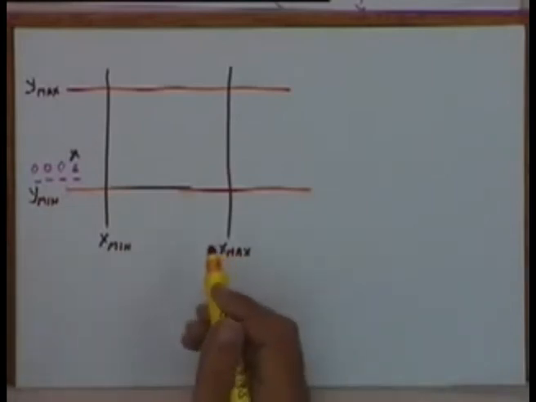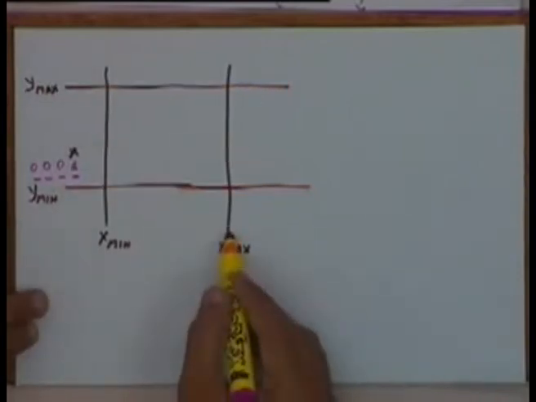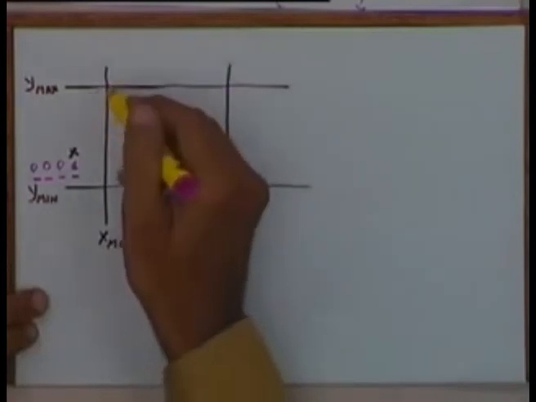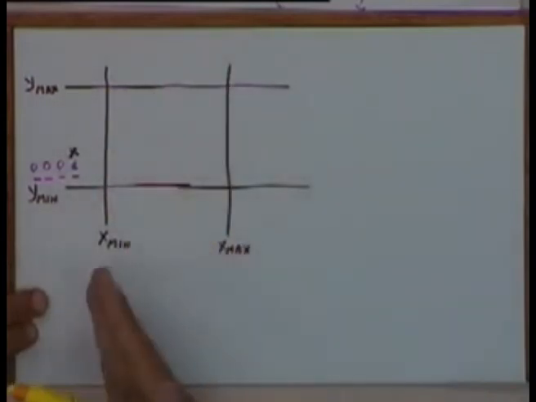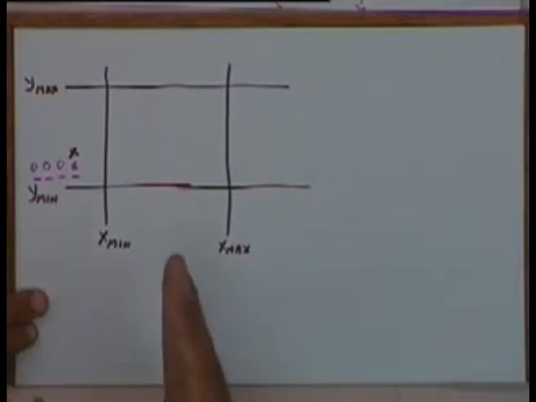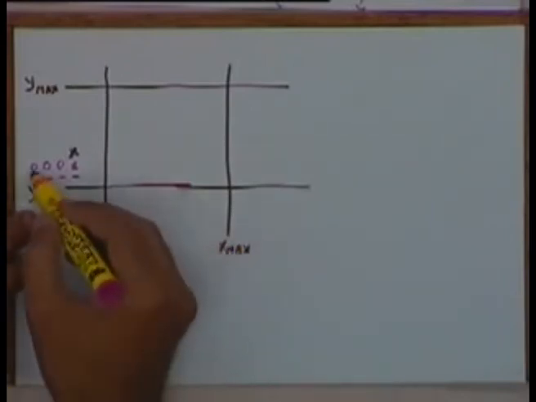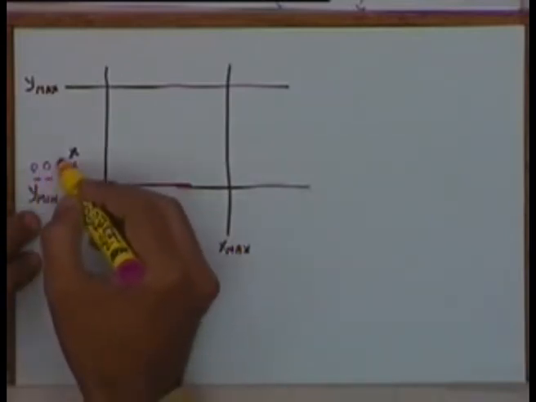Mind you, the visible portion is also to the left of the x-max line. If any point is to the left of this x-max line, we give it a code of 0.